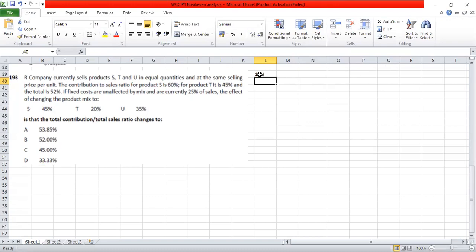If fixed costs are unaffected by mix and are currently 25% of sales, the effect of changing the product mix to this. So at present, the product mix is in the ratio of 33.33%, 33.33%. So that is the ratio. Let's write the present and the proposed one.